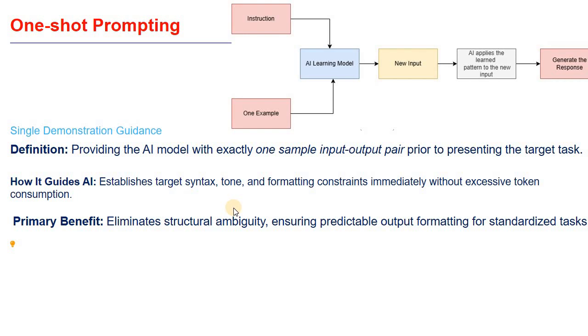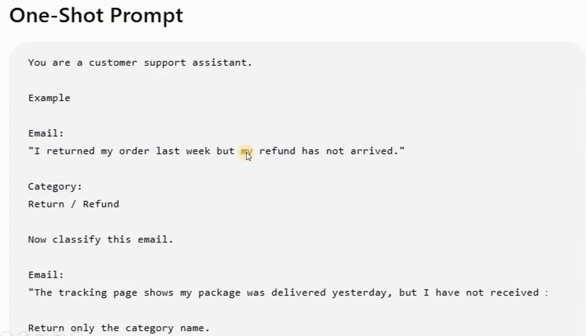Now let us see the one-shot prompting example for the email scenario for a customer support assistant. Here is the one-shot prompting. Here the prompt given to the AI model is: you are a customer support assistant. The one-shot example is: I returned my order last week but my refund has not arrived. The output category of this email is return or refund.